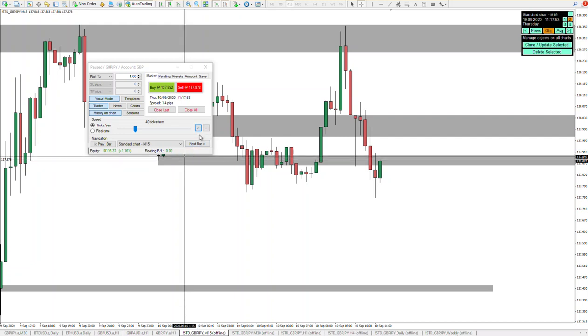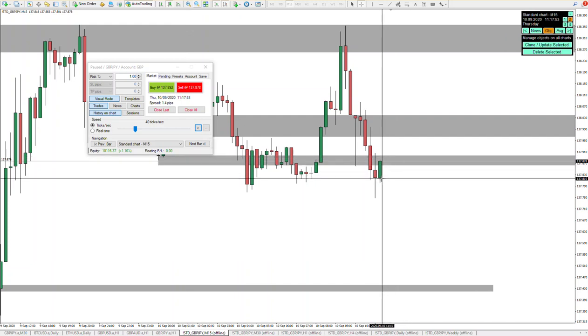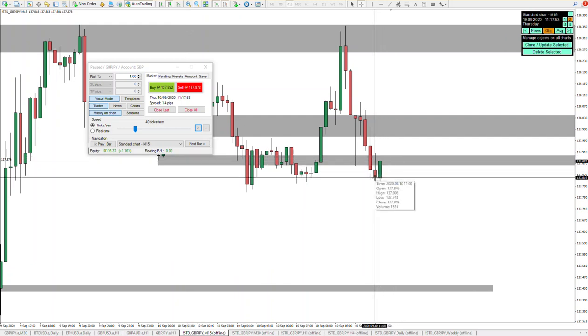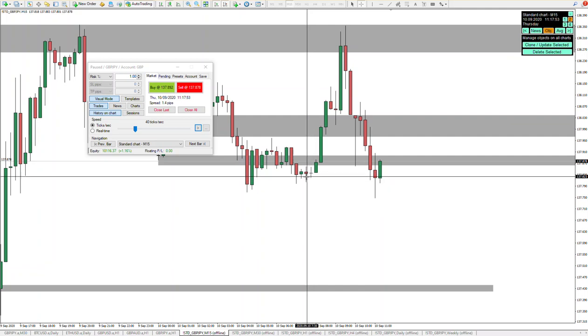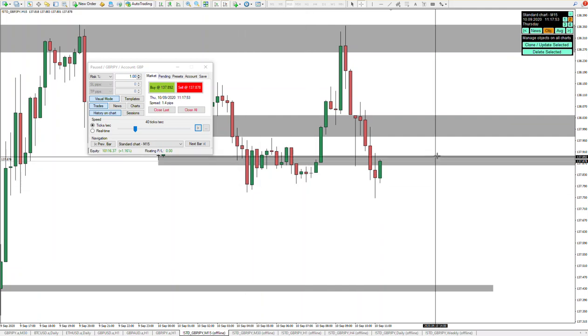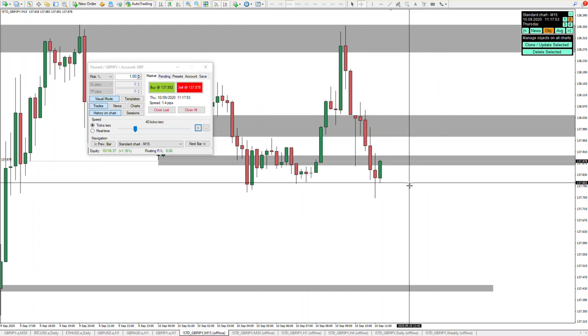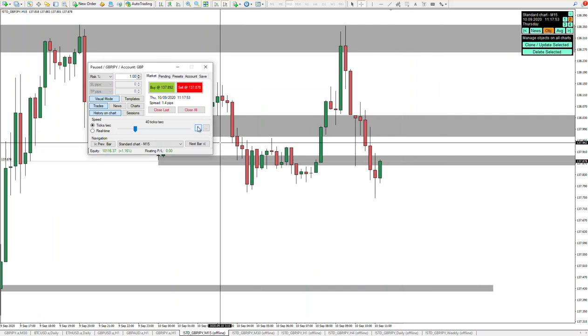I'm messing up, sorry. The candle closed below this resistance, but not below this resistance. Let's see how the 30-minute candle closes.